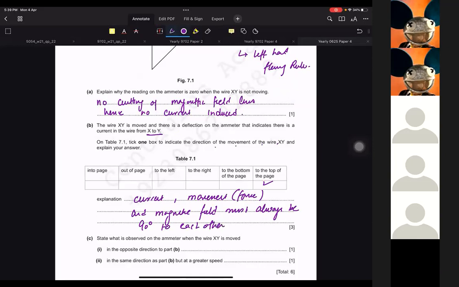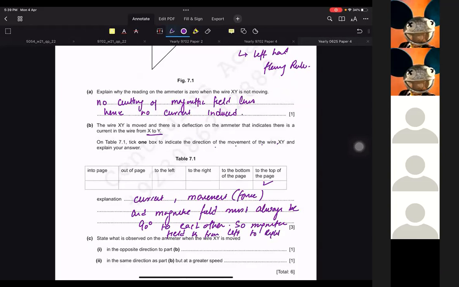You can also write perpendicular. So the magnetic field is from left to right, or north to south. You can also write north to south if you want to.